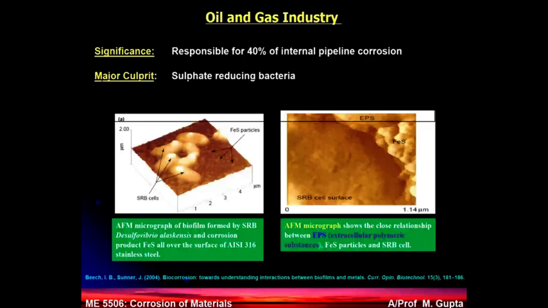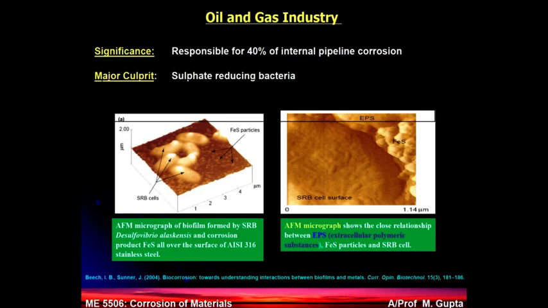Now, that case study was from, again, the oil and gas industry, and here is another example why it is a serious problem in the oil and gas industry, because again, the sulfate-reducing bacteria are the main culprits, and you see here the presence of these microbes is responsible for 40% of internal pipeline corrosion.